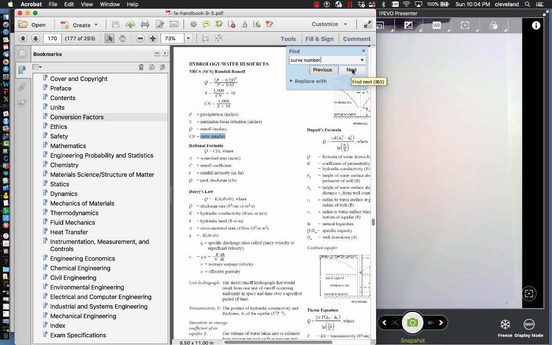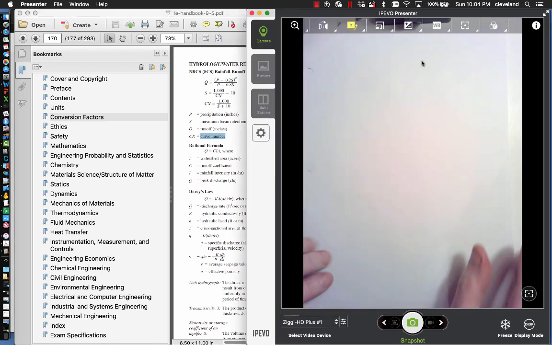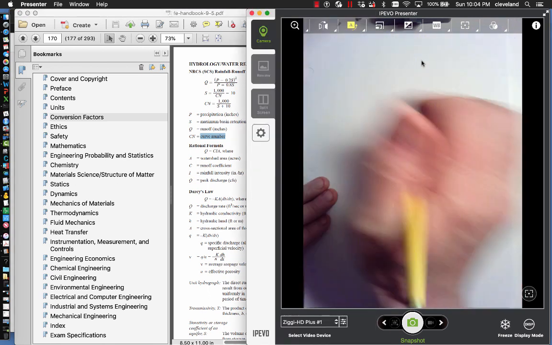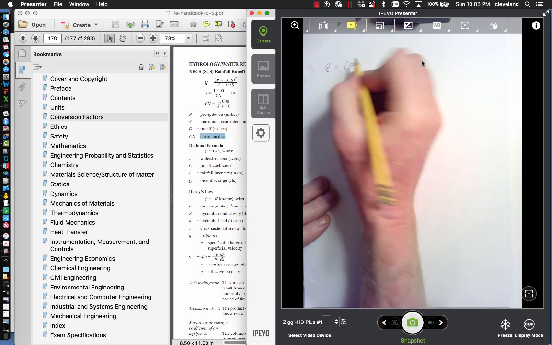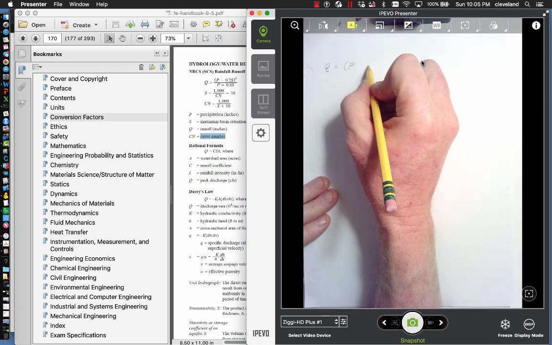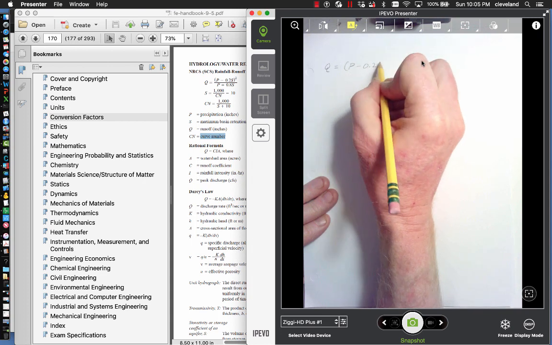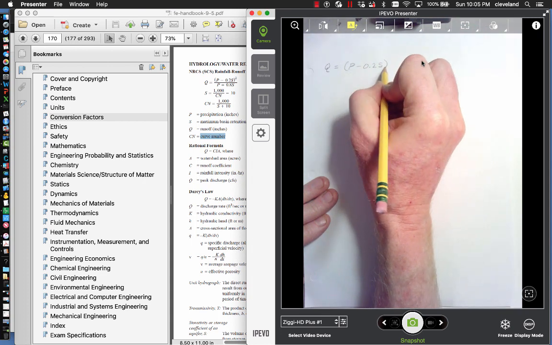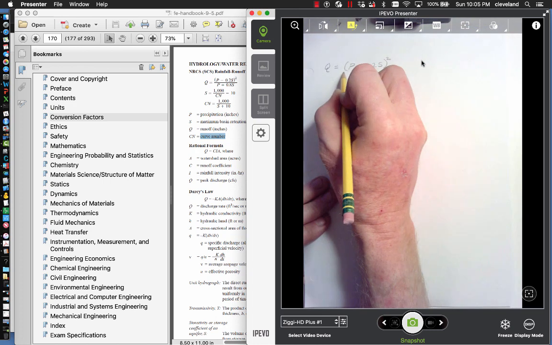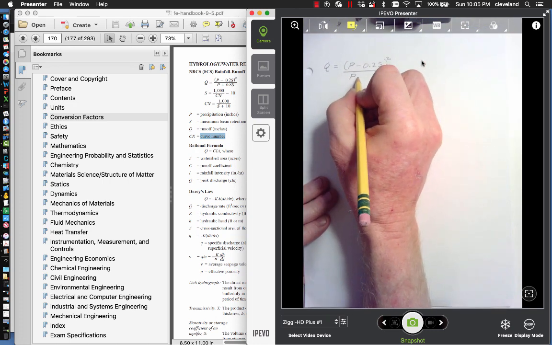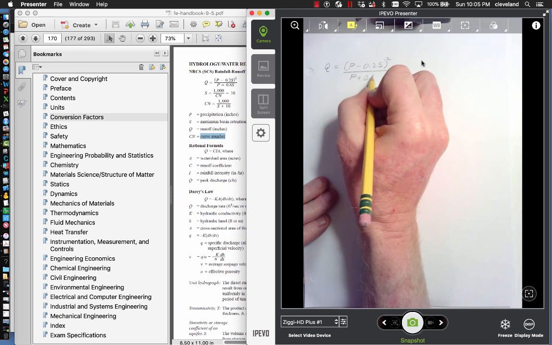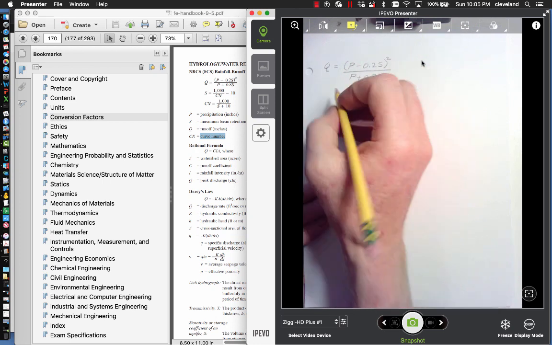We have the NRCS rainfall runoff equation, and that equation says that Q, which is the watershed runoff, is equal to the input depth, P, minus 0.2 times the storativity, the amount stored on the watershed, squared, divided by P plus 0.8 times the storage.